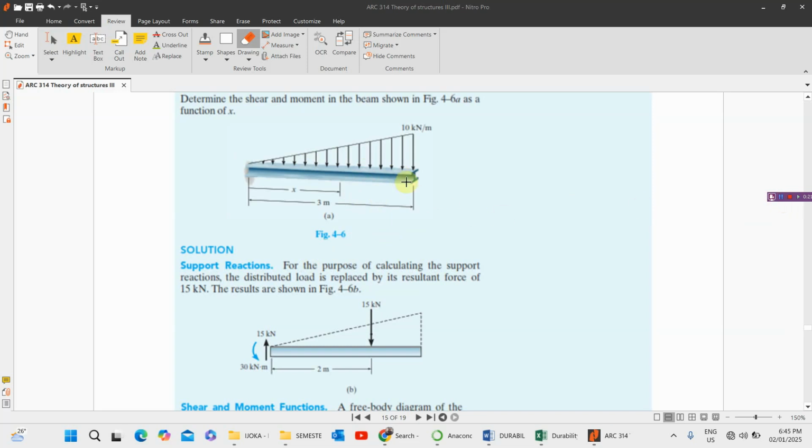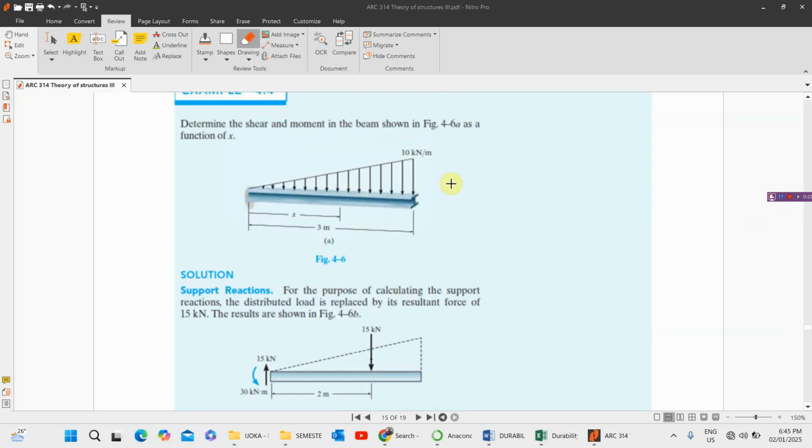Let us do the calculation ourselves. We said this is a triangular loading, so we have, let me take my pen, half times, what's the base? 3, times, what's the height here? 10.